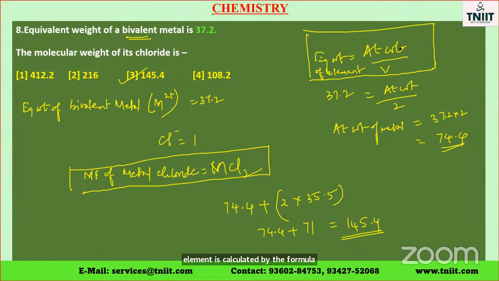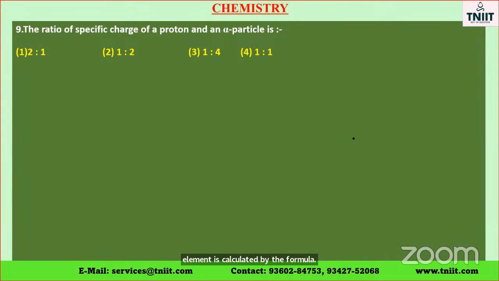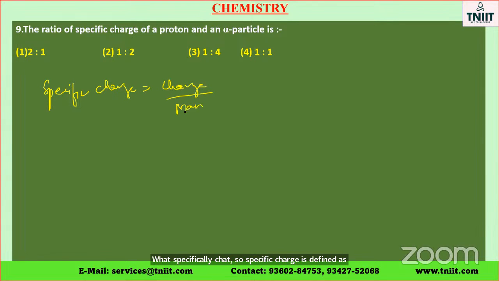The next question: the ratio of specific charge of a proton and an alpha particle. What is specific charge? Specific charge is defined as charge by mass. Now, what is the specific charge of a proton?